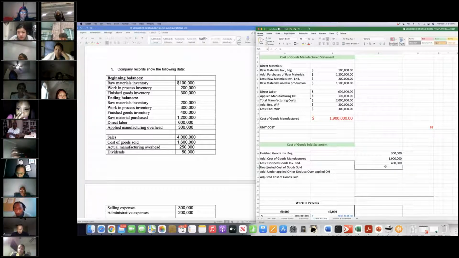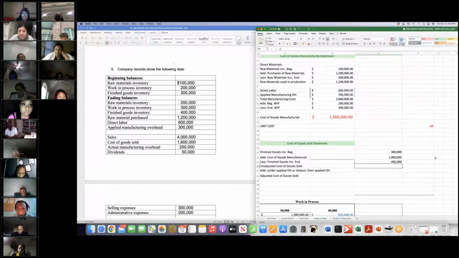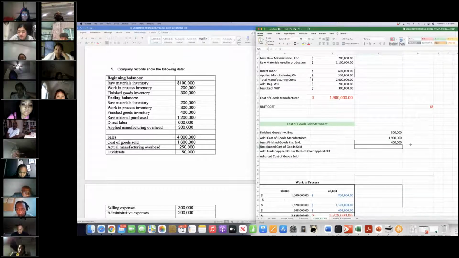But what's the unadjusted cost of goods sold? I put 1,600,000, but I'm not sure if that was right. No, I think the figures are wrong. You remember I told you some of those might not come out right.